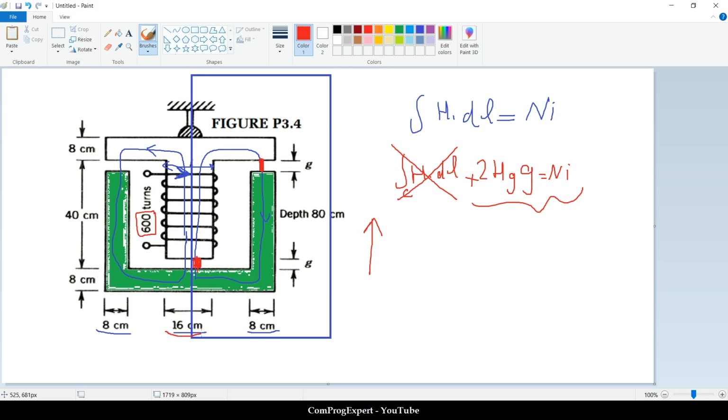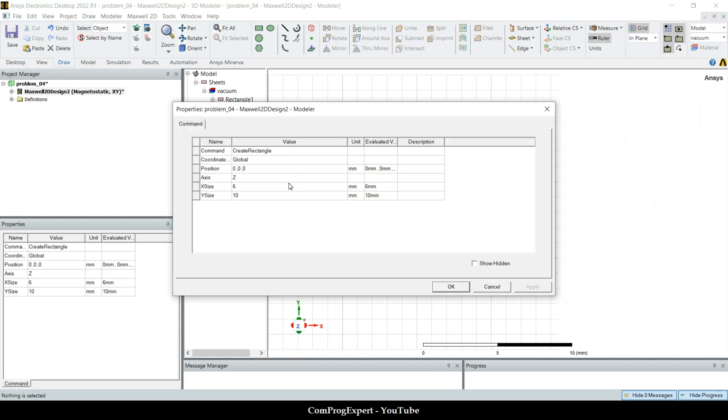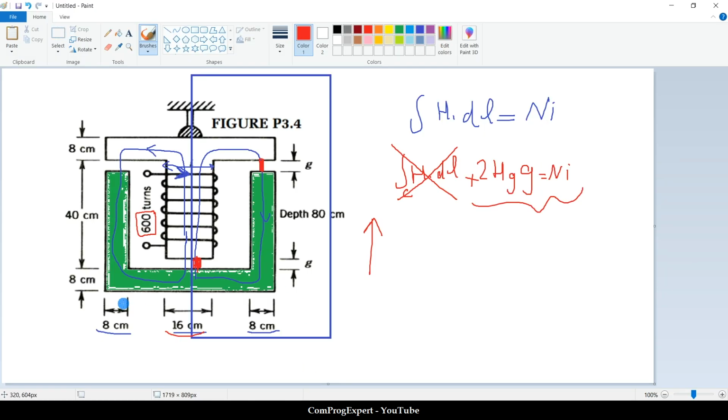So 16 divided by 2 plus 8 is 16. So here the x size is 16 centimeters, and the y size is 8 plus 40 plus 8. Also we have this gap, so we define a parameter for that.